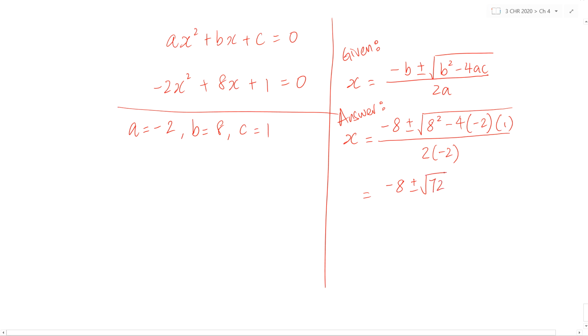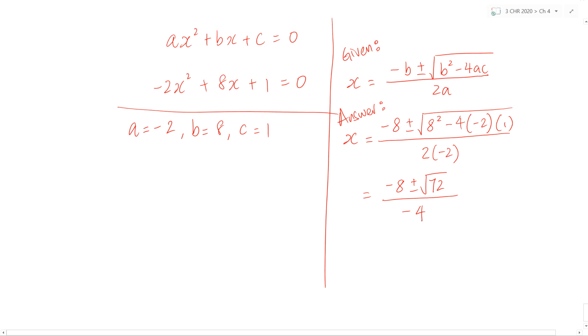Is 72 a perfect square? Because when I square root this 72, I get a very ugly number. It's an irrational number. Okay, so I keep it as square root 72 first. I don't want to write so many decimals. Now all this is divided by 2 times of negative 2. 2 times of negative 2 is negative 4.